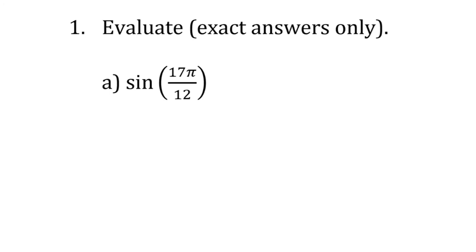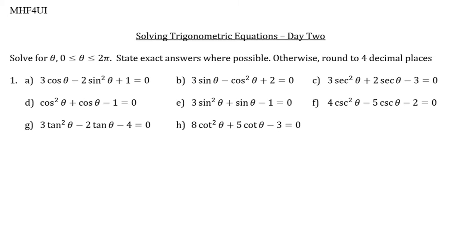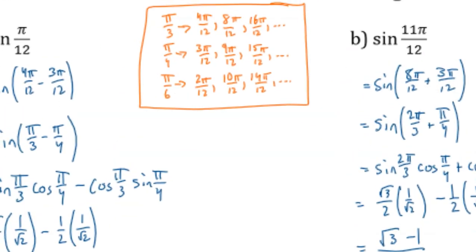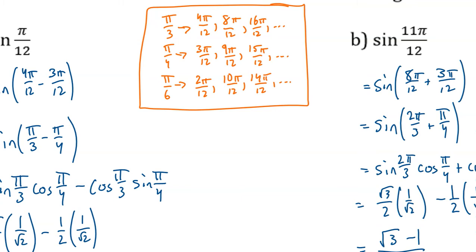Okay? And if you remember, let me go find it. The pi by 12s have to do with this little chart, right? This is the first step, those are the options and they continue, but those are the numbers that we're allowed to use.